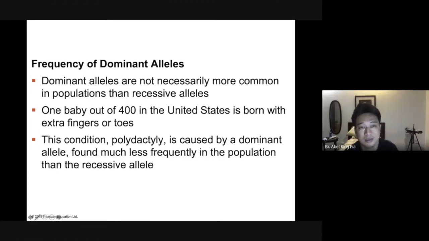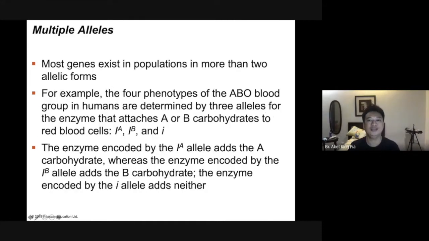So, recessive si mom. So, ilang percent yung probability na yung isang anak will have polydactyly? 50%. Okay?